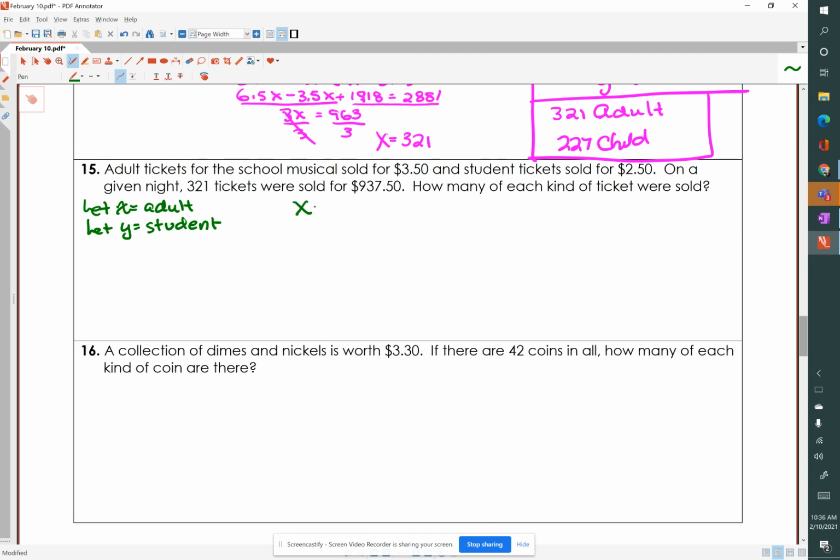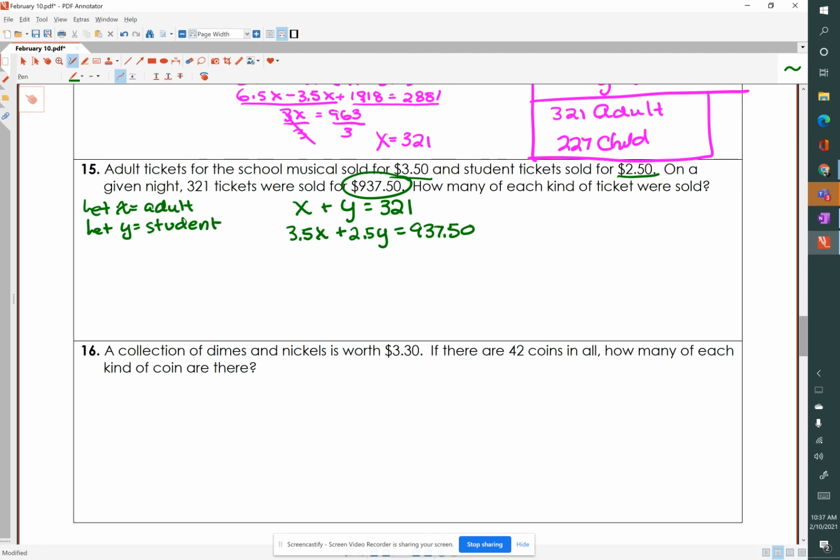And so my X plus y equals 321. That's the number of tickets sold. And the adult tickets, which are $3.50, so that would be 3.5x plus the child ticket, 2.5y, equals $937.50.